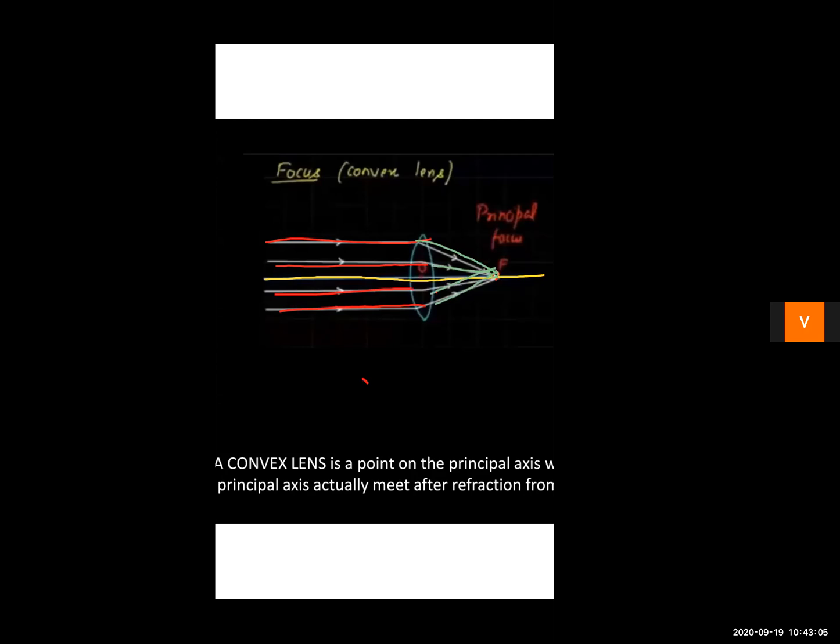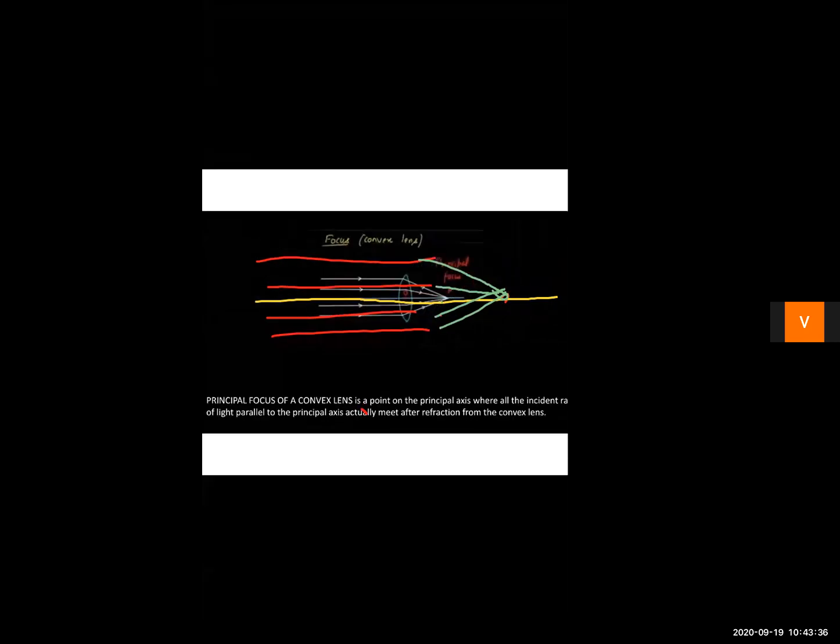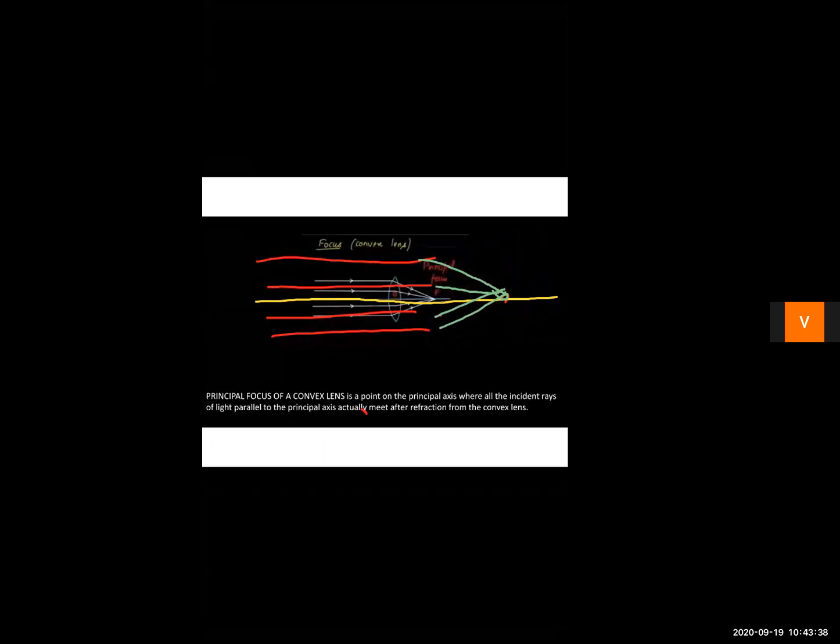So once again beta, principal focus is a point on principal axis, yes, where the incident rays parallel to principal axis actually meet. जो parallel incident rays हैं, parallel किसको? To principal axis, they actually meet after refraction. After refraction is very, very important, right? After refraction, the rays are going to meet, right children? So this is your definition of principal focus.